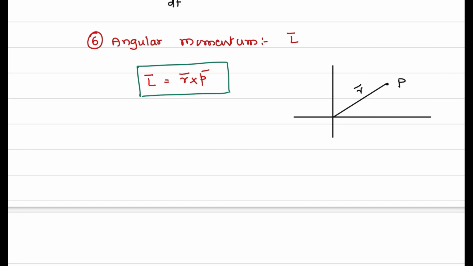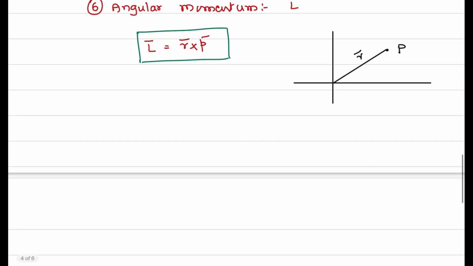And another is there, moment of force. Another one, very important, moment of the force. Moment means that quantity into distance is moment. It is the 7th one.